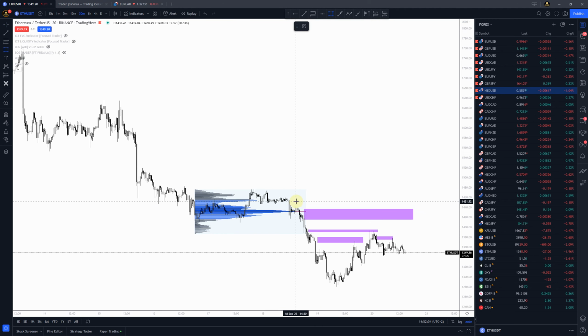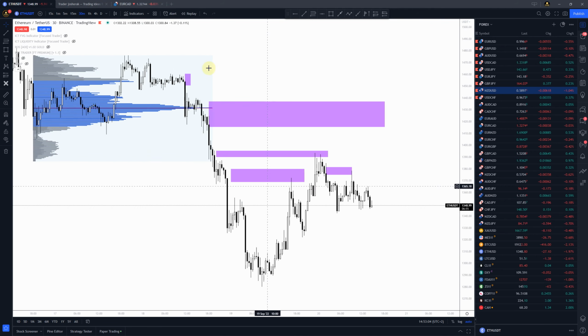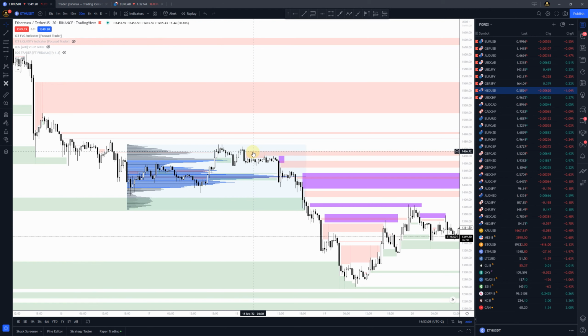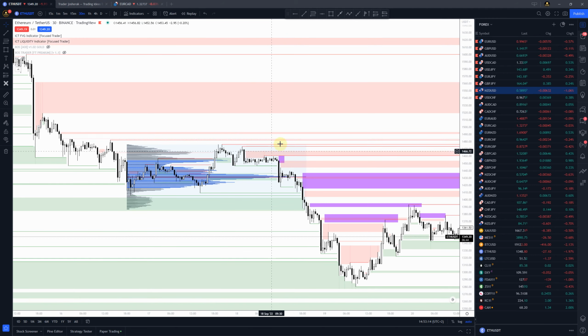And also there is another area of distribution here, and it ends here. So maybe the market will have a tendency to close this fair value gap. If I turn it on, you will see it, this fair value gap. But there's also liquidity here. If I turn on liquidity, there's triple liquidity there from the 30-minute time frame.